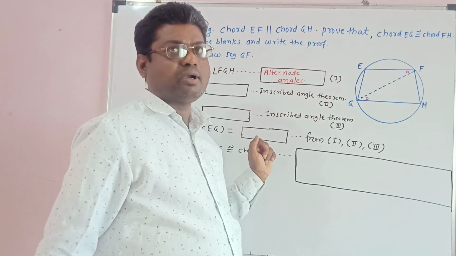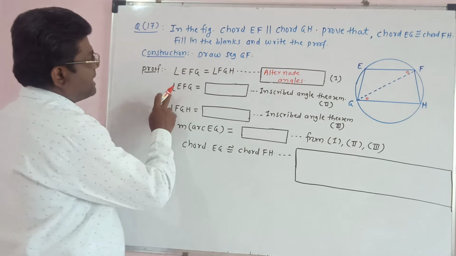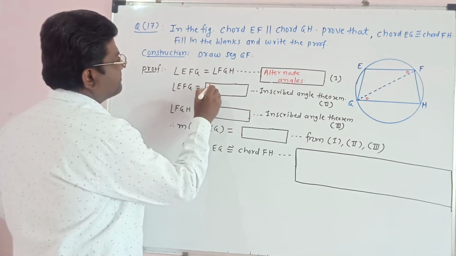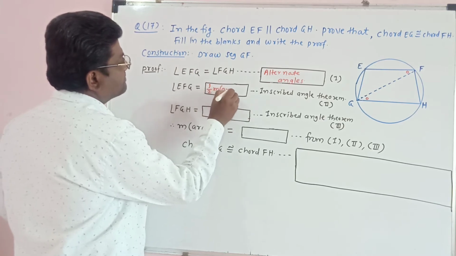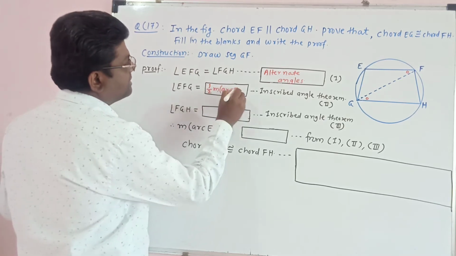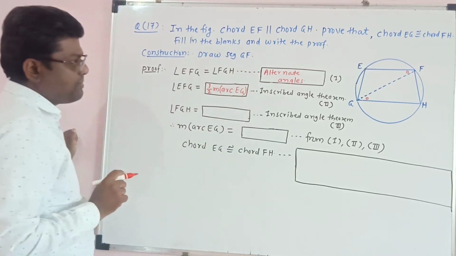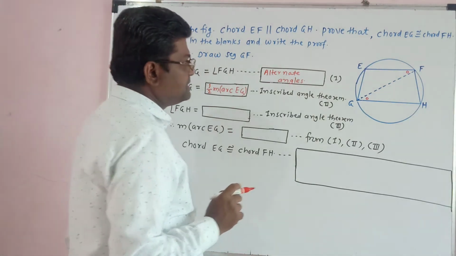This is according to the inscribed angle theorem. Therefore, angle EFG is equal to half into measure of arc EG, by the inscribed angle theorem. Now angle FGH.